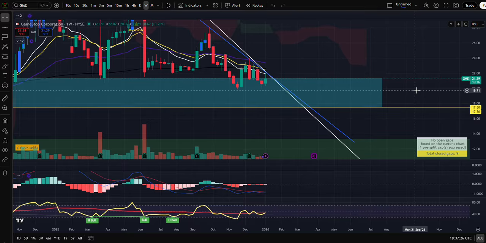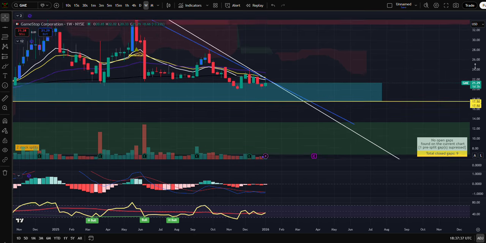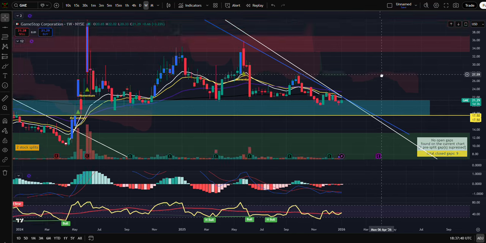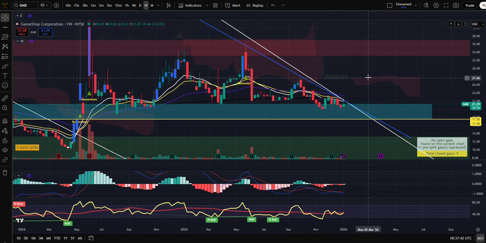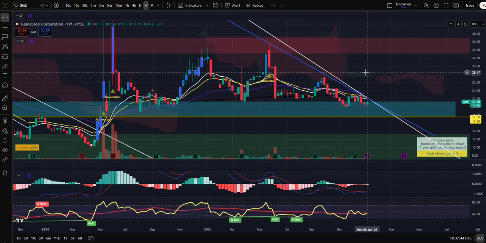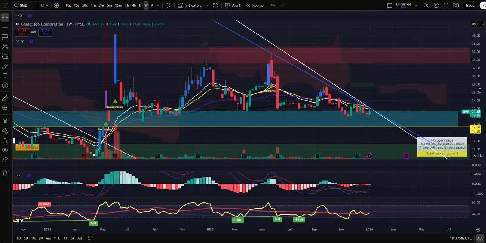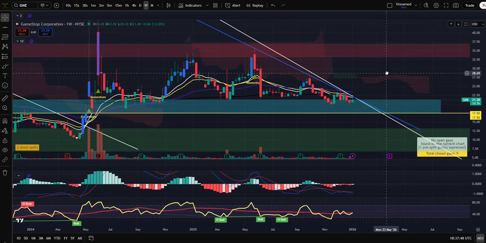So guys, what do I think? This is my personal trading strategy, and of course it's not financial advice, but this is what I would do personally. Looking at the pattern, I always go back off of historic patterns. We can see that GameStop has been controlled by the triangle. Yes, we know that it's been controlled by the liquidity zones.